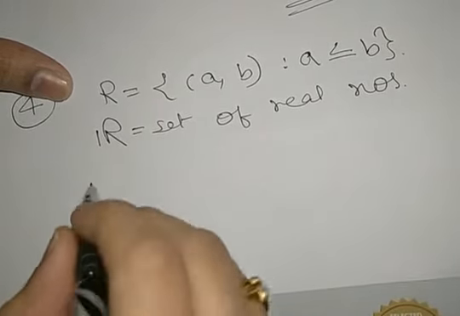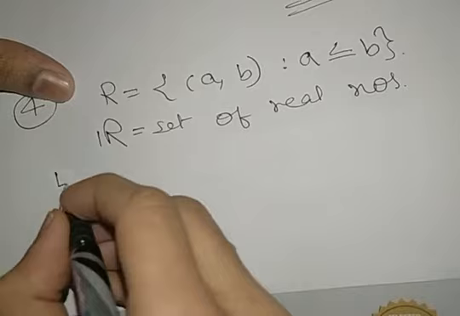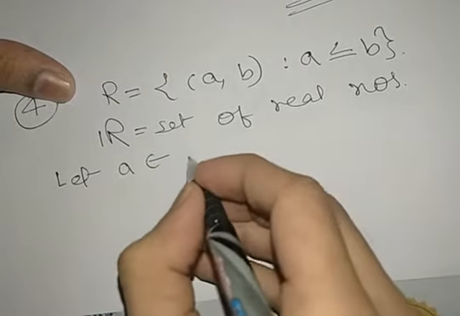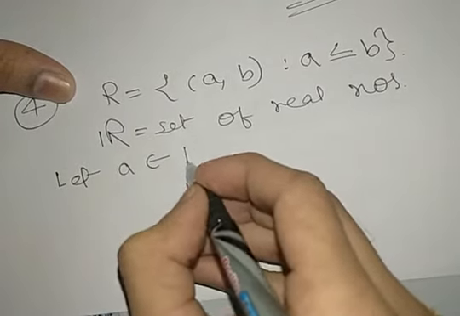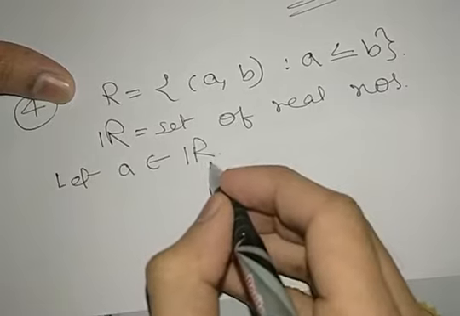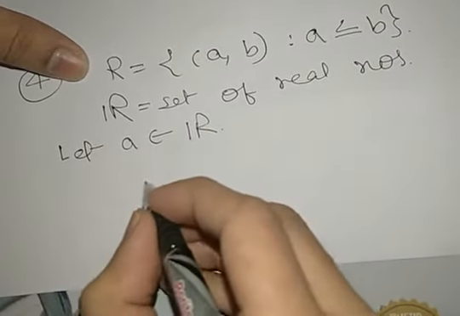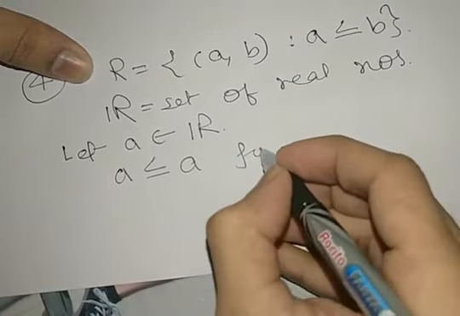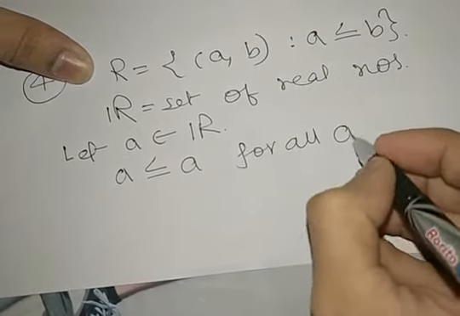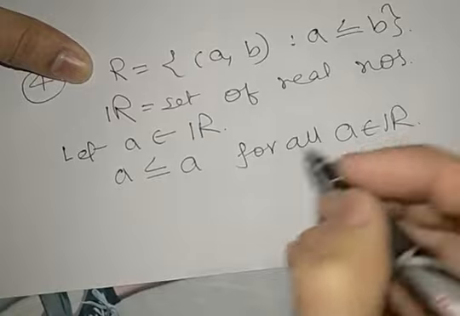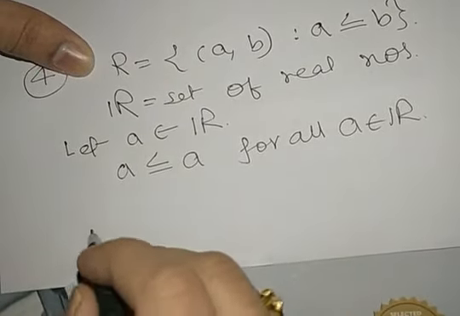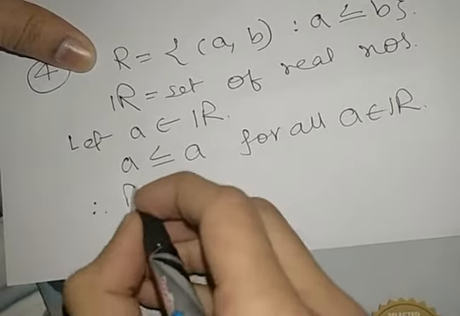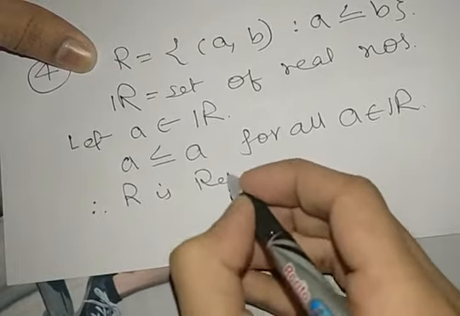We have to prove it. So let A belong to the set R, that is the set of real numbers. So A is a real number. Now you know that A is less than or equal to A for all A belonging to the set of real numbers. This is always true. So therefore R is reflexive.